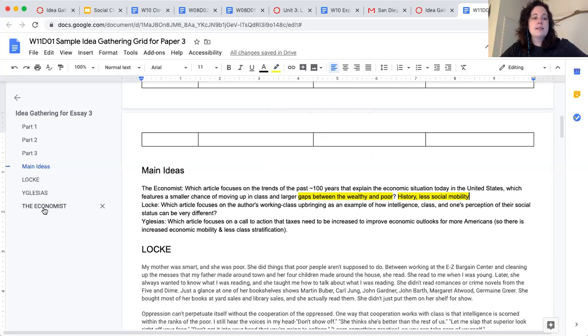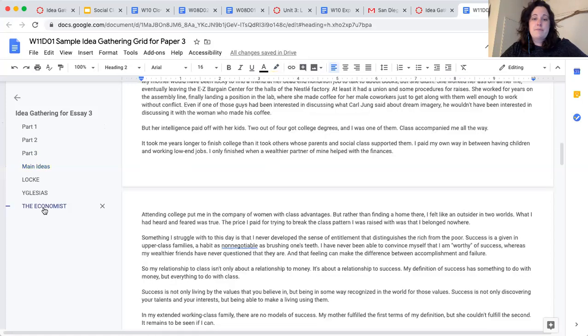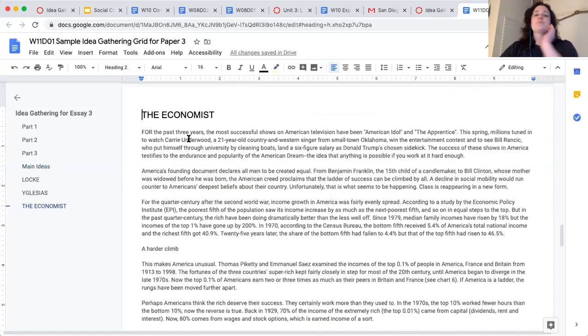Then let's go to the actual Economist article and think about what keywords come from that. The first paragraph talks about American Idol and Carrie Underwood from American Idol, and then Bill Rancic from The Apprentice, and the idea of the American dream.